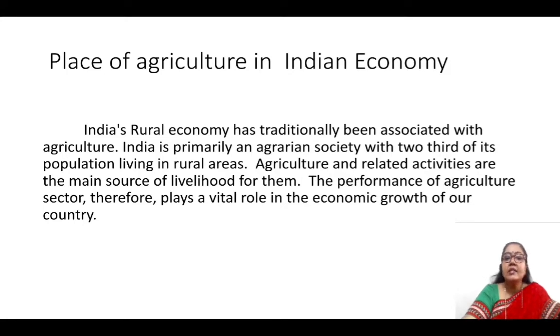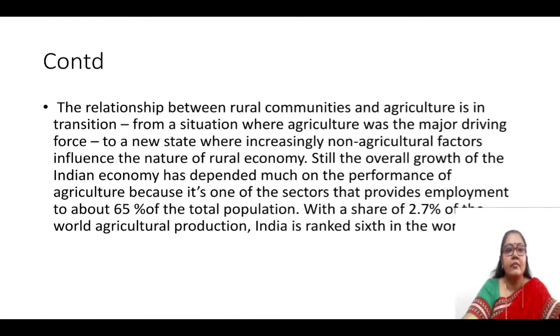So agriculture and related activities are the main source of livelihood for them, and the performance of the agricultural sector therefore plays a very vital role in the economic growth of our country.